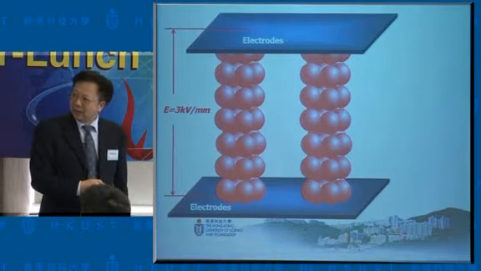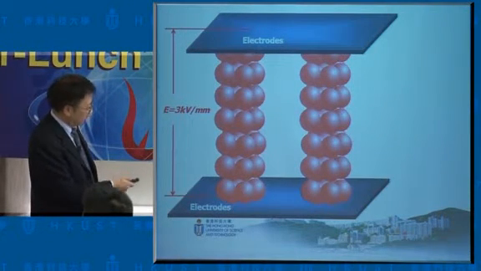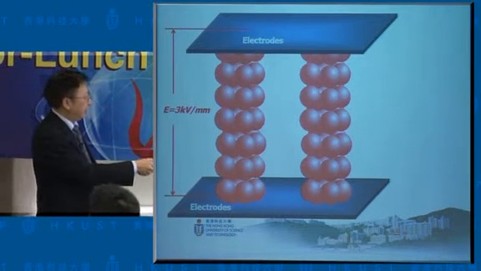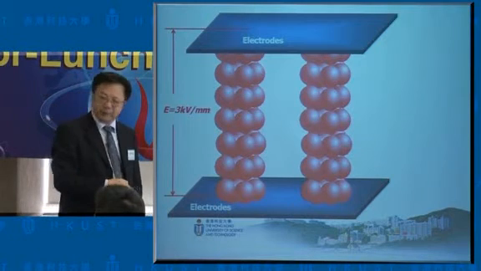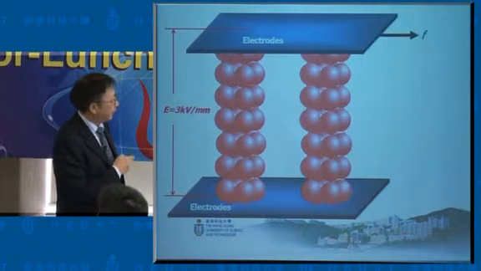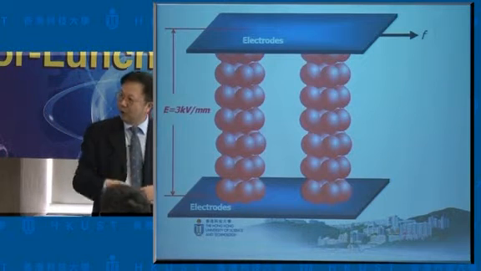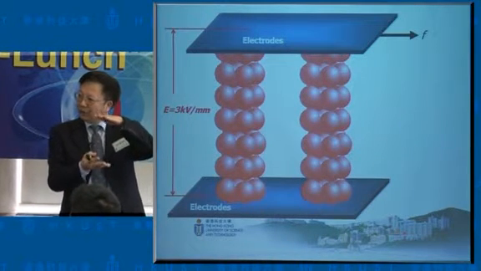How do we know these are strings? Let me show you. This electrode, sandwiched between the ER fluid, is the columns. If you shear one of the electrodes like this, you cannot move it. Why? Because this ER column is bound to the electrode.